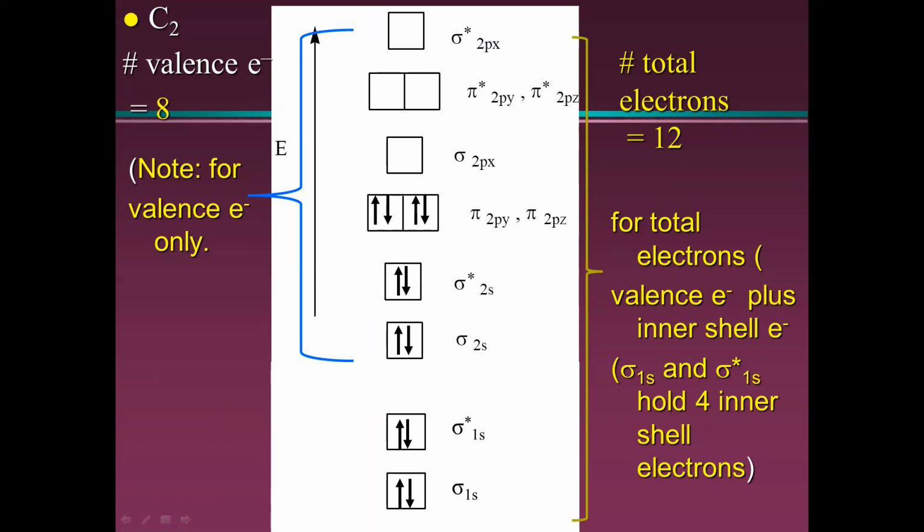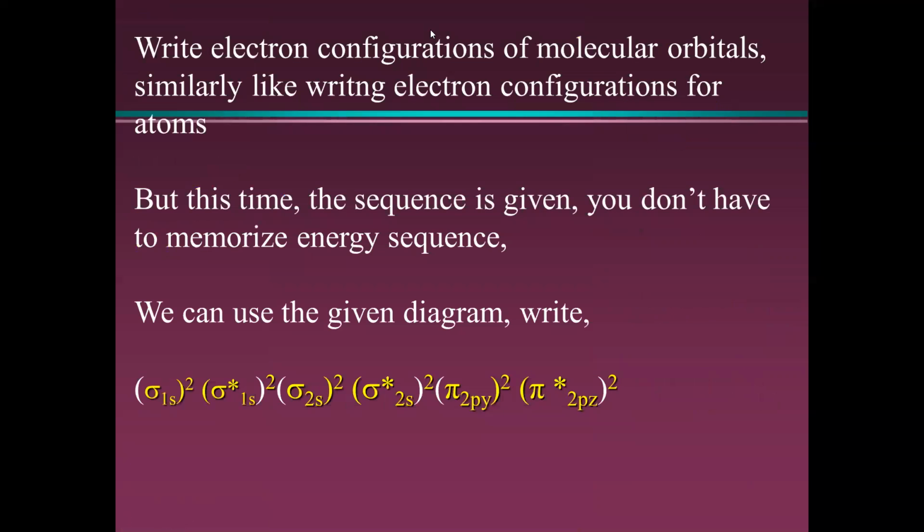Since this energy sequence is already clear, if people ask you to write the electron configurations of the molecular orbitals, it is similar to writing the electron configuration for atoms. The only difference is this time the sequence is given.